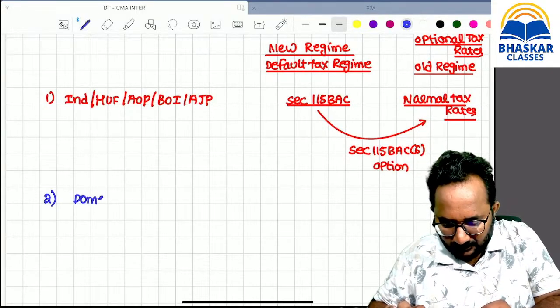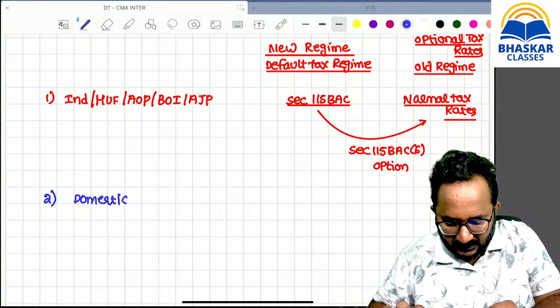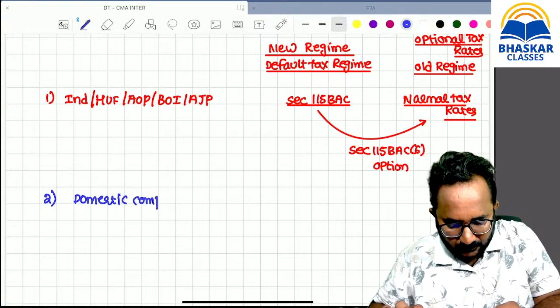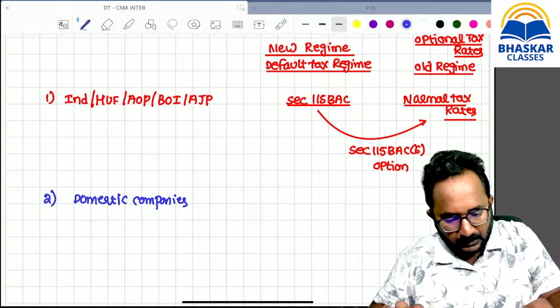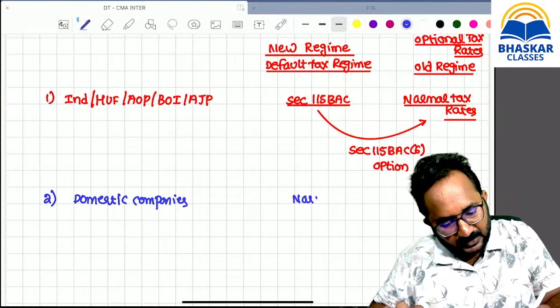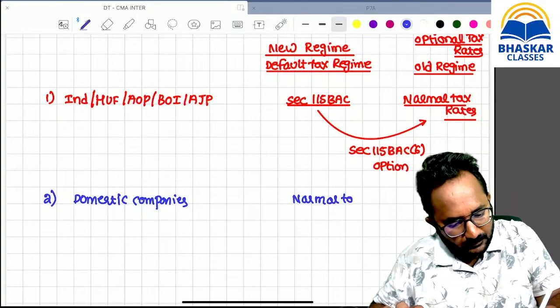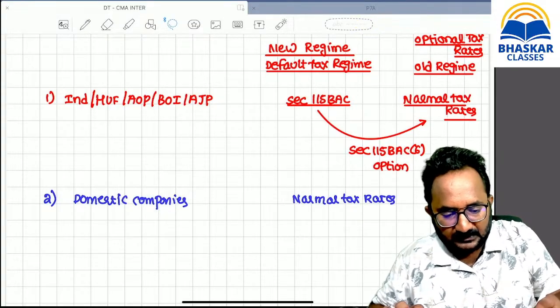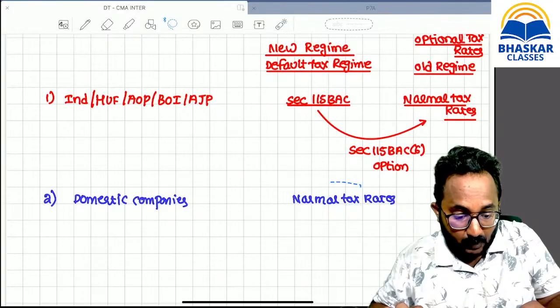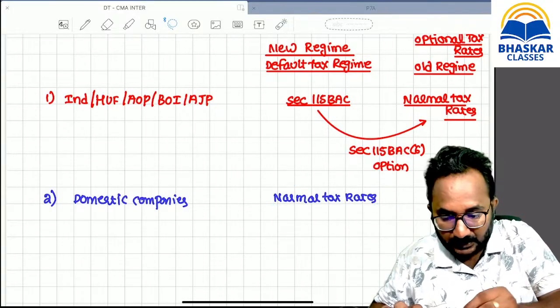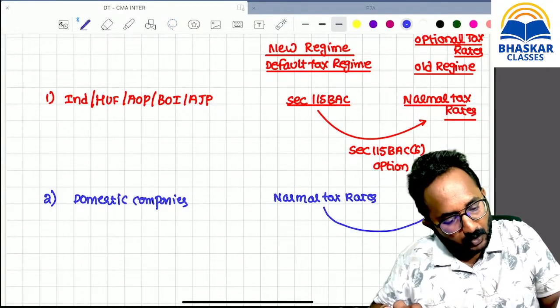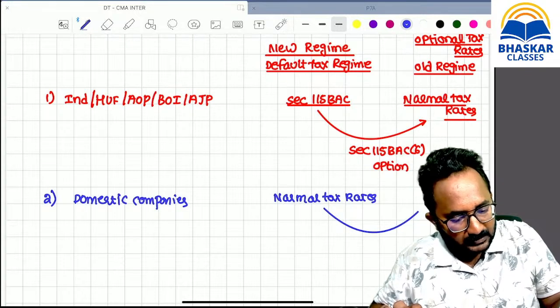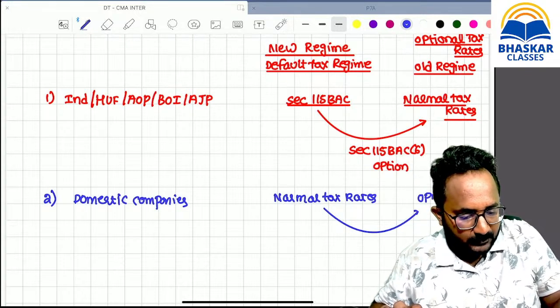Domestic companies. Normal tax rate is the default one. Domestic companies, our Indian companies, we want to give some concession or benefit. So if they want to follow, they can; otherwise, they can follow the optional tax rates.